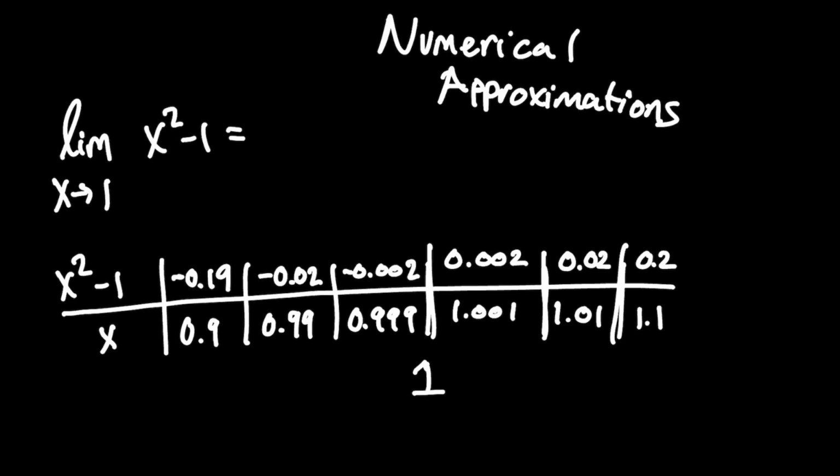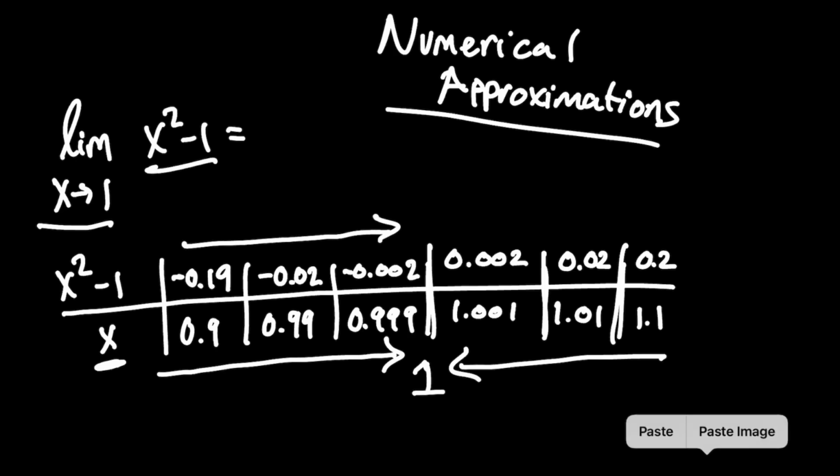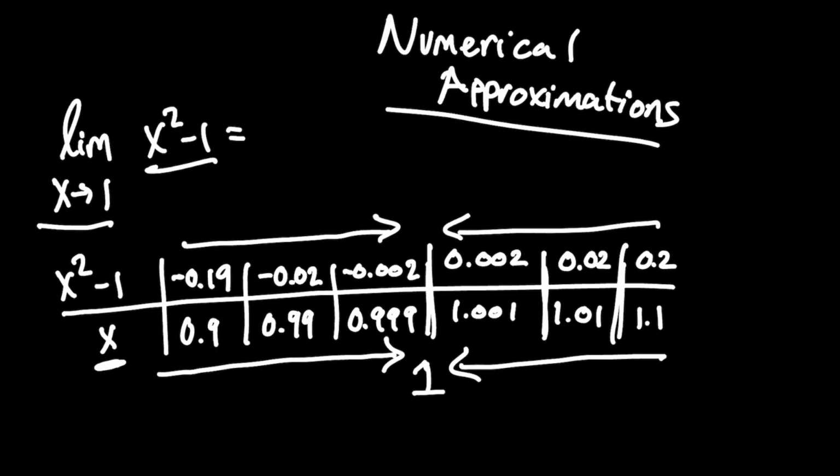Another technique for solving limits is using a numerical approximation, using a table. Given an x value, we can get our x value really close to 1, which is where we're trying to analyze our limit. We're just trying to observe what numbers our function x squared minus 1 gets really close to as we approach 1 from the left and the right.